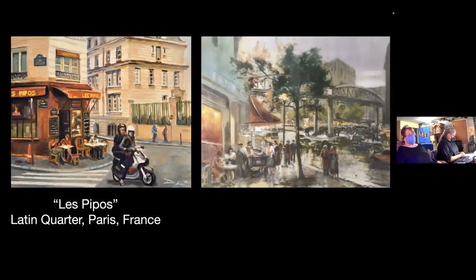But that was not the only painting I did. When my wife and I first met, I was doing a painting of Latin Quarter in Paris. And as it turns out, around the same time, she had gone to an estate sale and actually found a painting of a street scene in Paris.